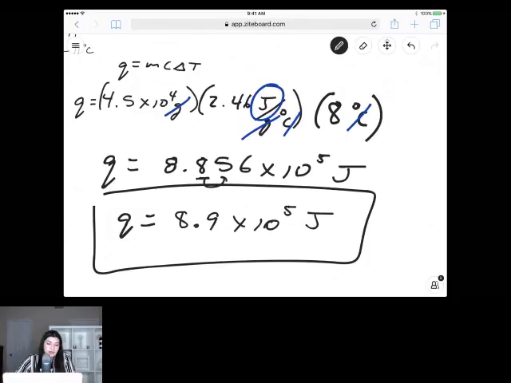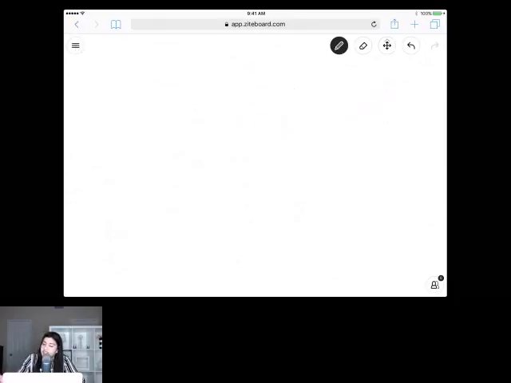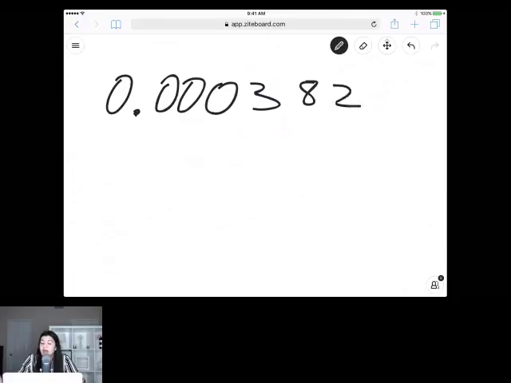Gabby asked, could you go over converting between scientific and standard notation? Of course. Let's say we started off with something like 0.000382 and we wanted to convert this to scientific notation.